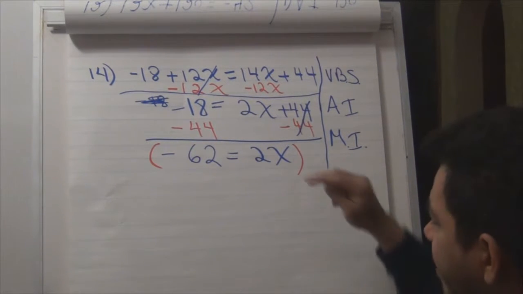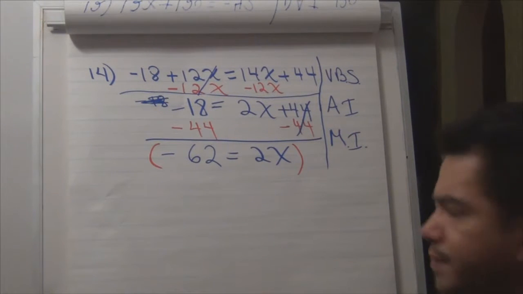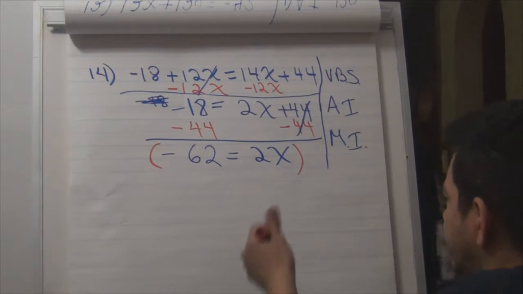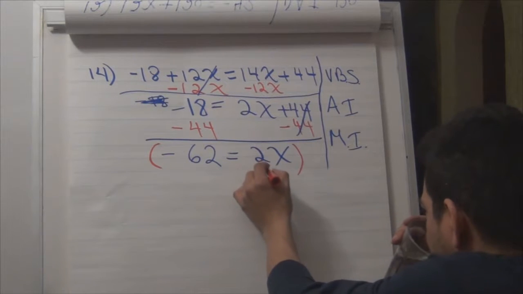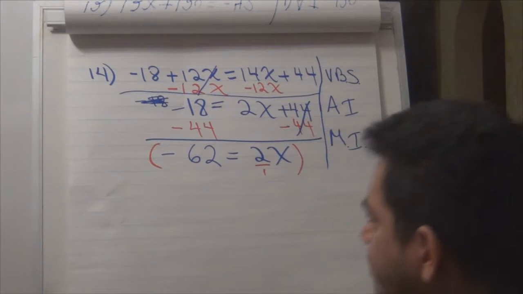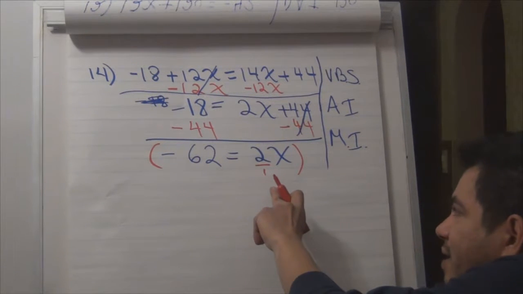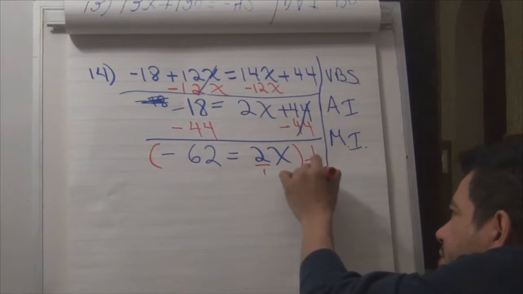Well, think of it. Every time you want to use the multiplicative inverse, turn the number into a fraction. So this is 2 over 1 actually. So then the multiplicative inverse should be 1 over 2.